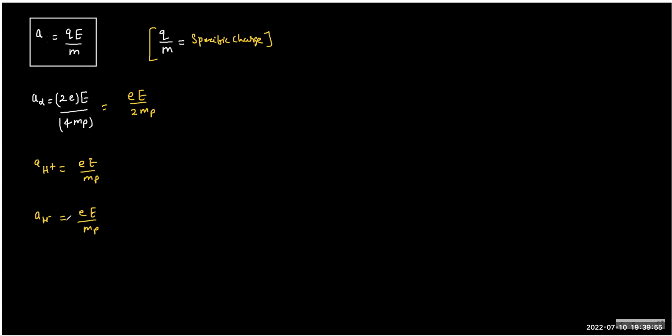So if you want to write direction-wise, you have to put a minus sign. That's a way of writing in one dimension. What is left? Beta minus. Here there is a change. The mass of the electron, me, will come.